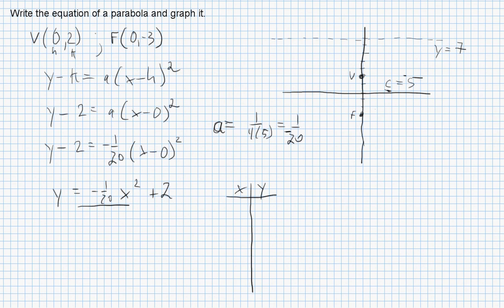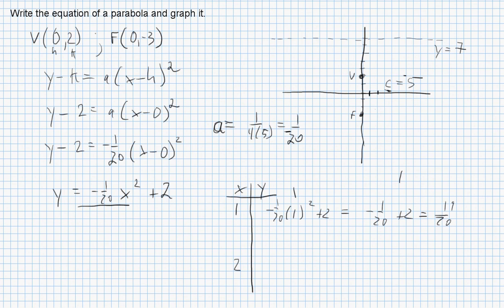Since we've got x equals 0 for the vertex, I'm going to use x equals 1 and x equals 2. So I'll put 1 in where the x is. This is y is equal to negative 1/20 times 1 squared plus 2. Well, 1 squared is 1 times negative 1/20 is negative 1/20, plus 2 is equal to 19 over 20.